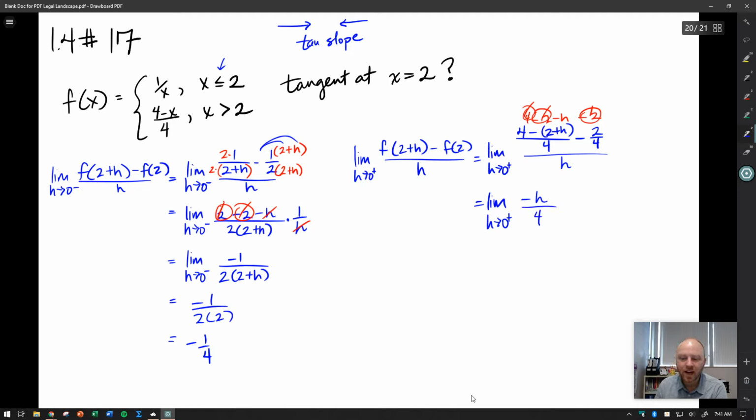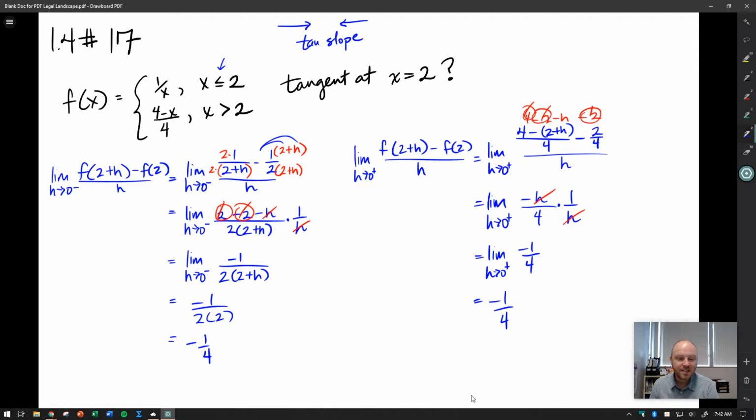And then instead of dividing this all by h, again, we're going to multiply by 1 over h, and we probably notice that the h's cancel, leaving us now with a limit as h goes to 0 from the right of negative 1 over 4. There are no more variable h's in there, so this is just the limit of a constant, which is the constant negative 1/4.